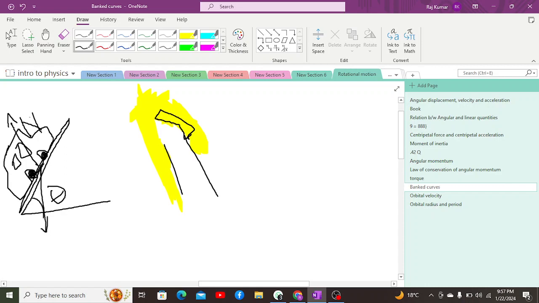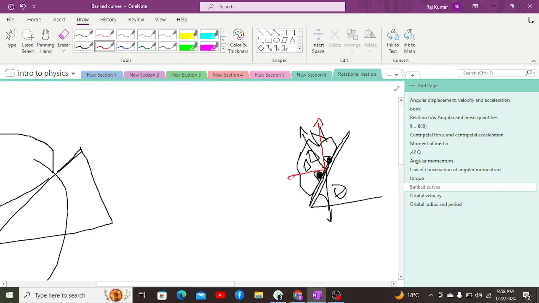So this is the normal force applied by the road. Now what we need to do here is to consider its components. There are two components of this force: one is the x component, and the second is the y component.